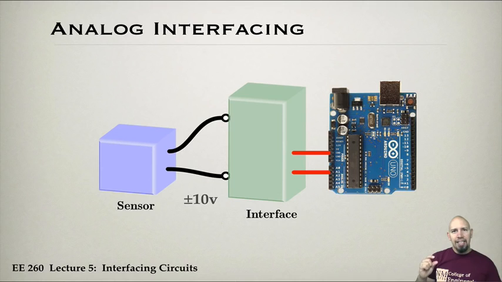In a sense, it's like only using 9 bits instead of the full 10 bits. So if it's possible, it's best to set up your system so that you get the maximum. Obviously you want the maximum, but you don't want to go over, because remember, the input into an analog input channel can be at most 5 volts. So you don't want to go above 5 volts. That's important to keep in mind as we look at this interfacing.